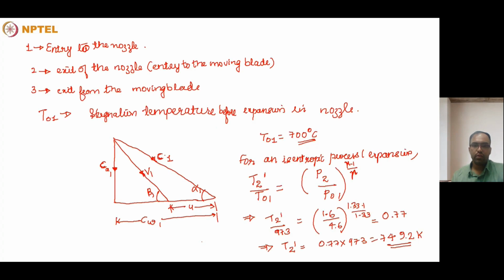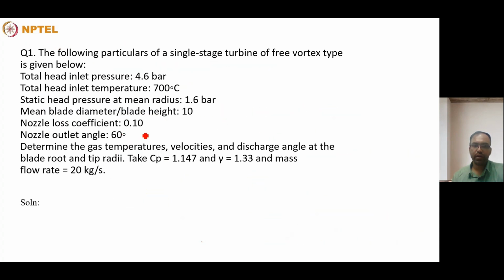So in this given problem, nozzle loss coefficient is given as 0.1.